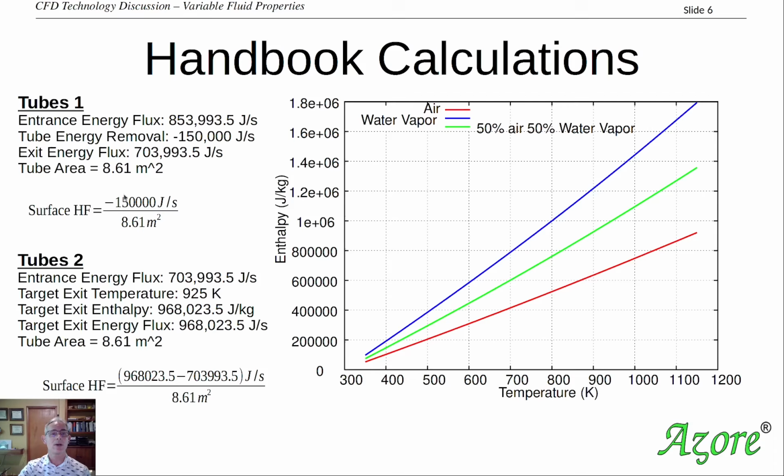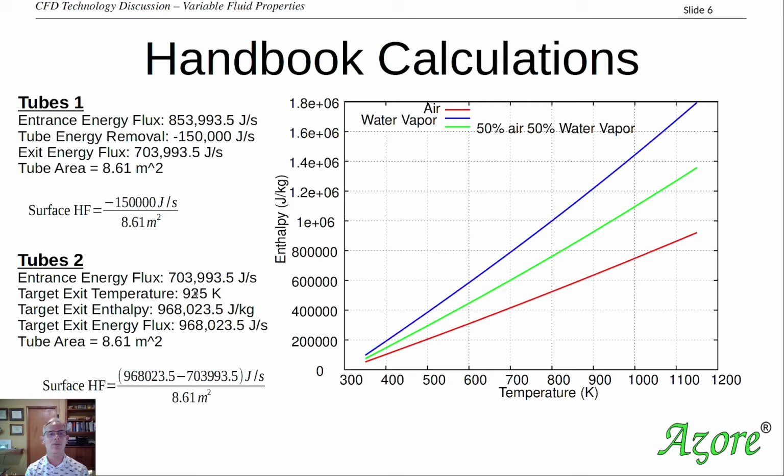Since we know what the enthalpy level is coming out of the first set of tube banks, we know the energy flux, and since our mass flow rate is 1, we know its enthalpy as well. And we know the target temperature that we have is 925.